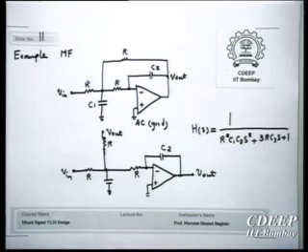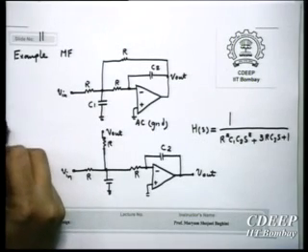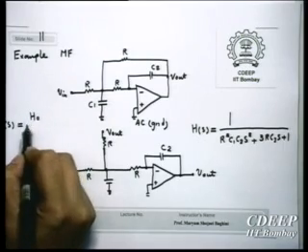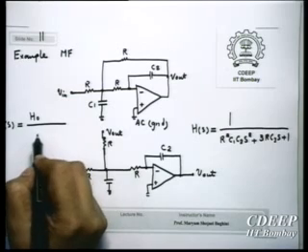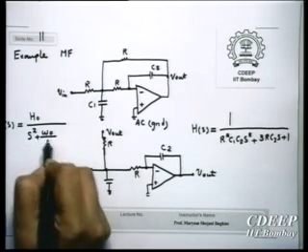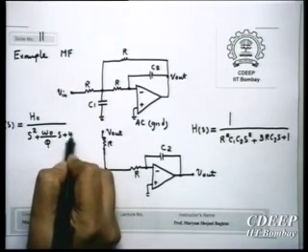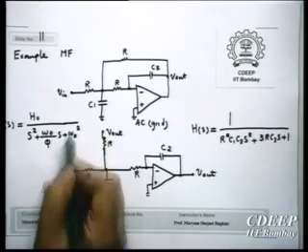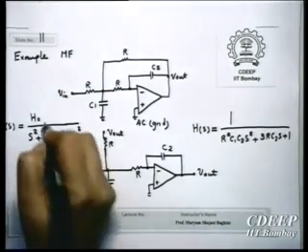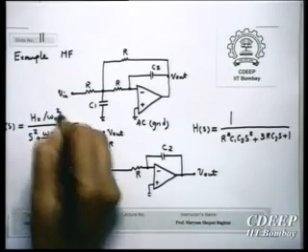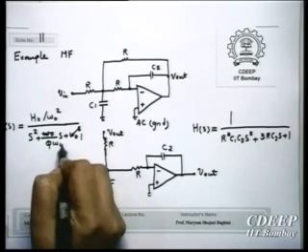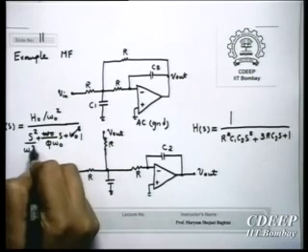So if I write it, I will write here. If I divide by omega 0 square, it will be written in that form. 1, omega 0 will come here, and this will be omega 0 square.